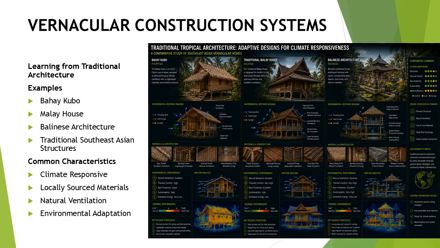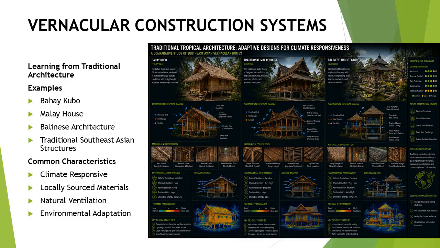Vernacular architecture represents centuries of environmental experimentation. These buildings evolved gradually through observation and adaptation. They responded directly to climate conditions. Unlike many contemporary buildings, vernacular structures often achieved remarkable environmental performance without advanced technologies.